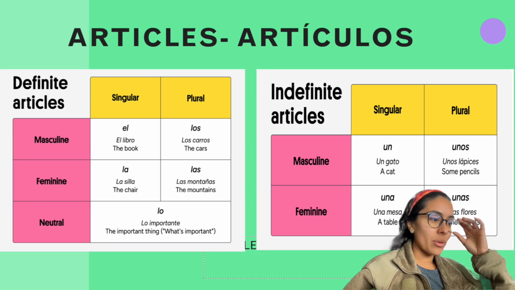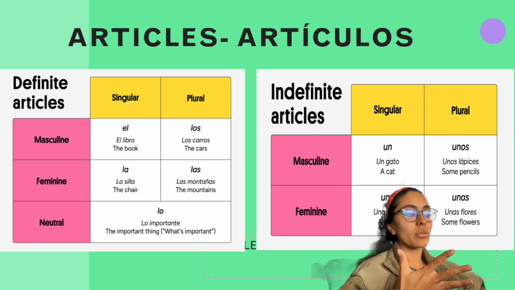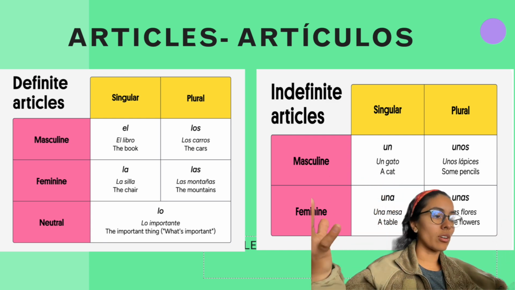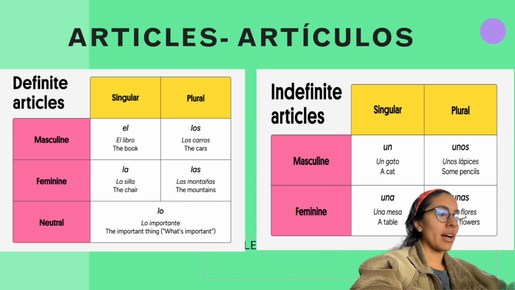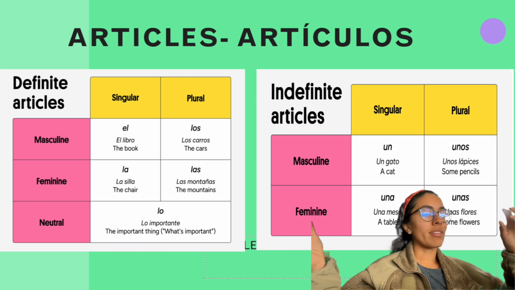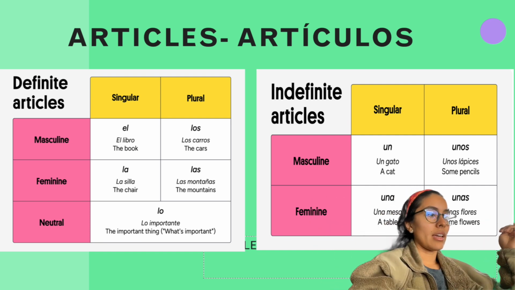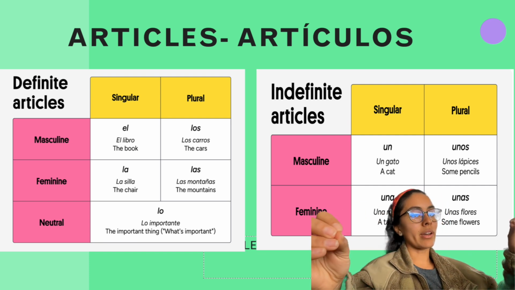Okay, so we have el libro, the book. We have los carros, the cars. We have la silla, the chair. And we have las montañas, the mountains. And then we have un, unos, una, unas.